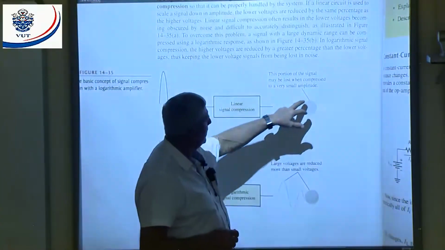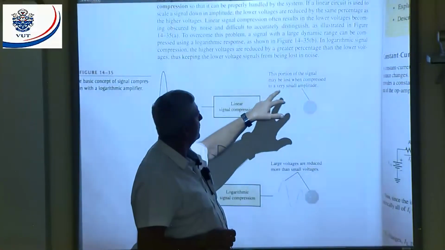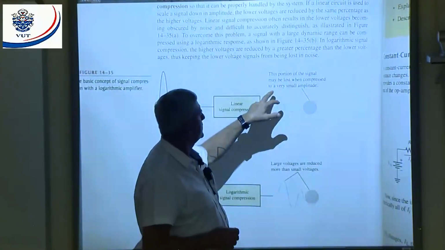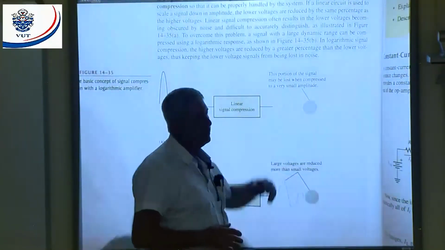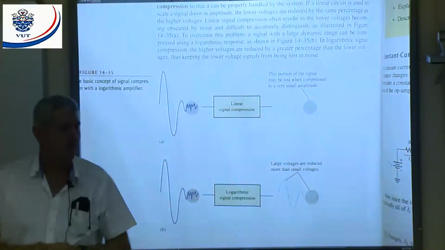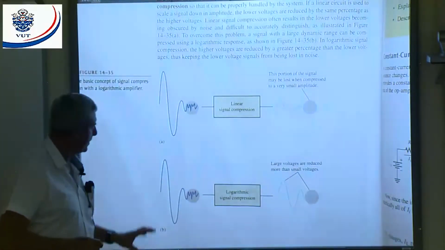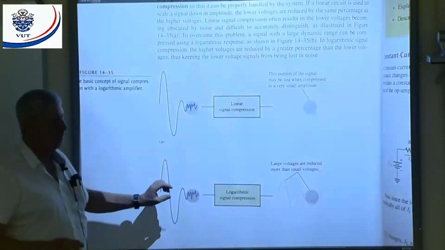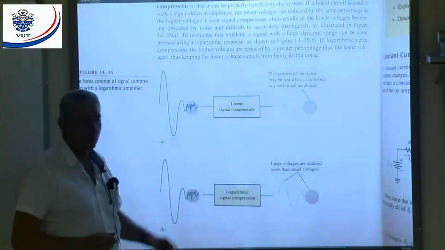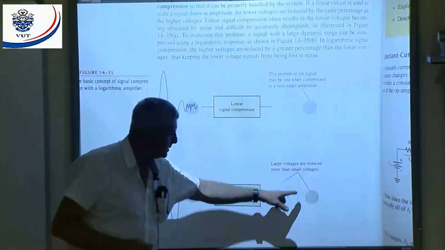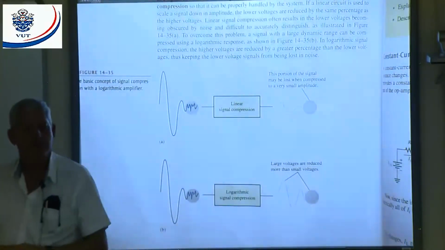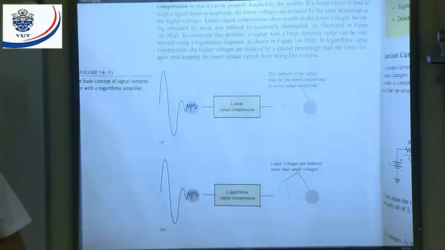And now you can see this information. They say this portion of the signal may be lost when compressed to a very small amplitude. You will lose that information. But when I make use of a logarithmic signal compression, what will happen? It will compress a large part much more than the small part. That means that information is not going to be lost. You with me?